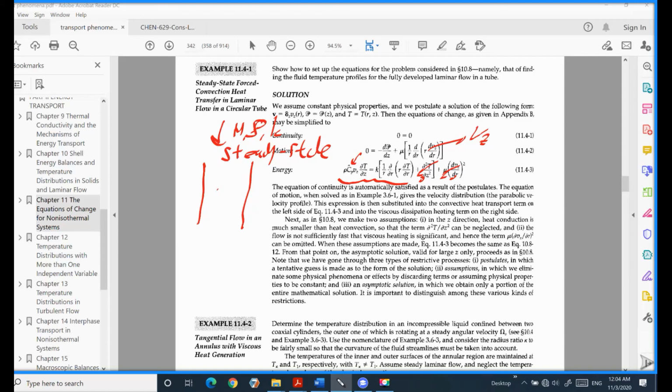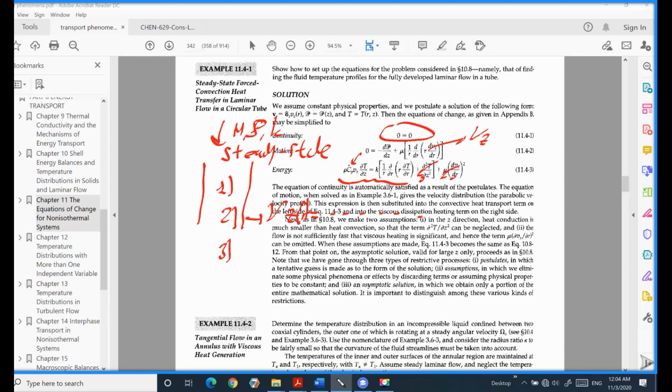As a first step, we define our continuity equation. As a second step, we define our equation of motion with the boundary condition and solve this equation for Vz. We obtain the velocity distribution of Vz as a function of r.